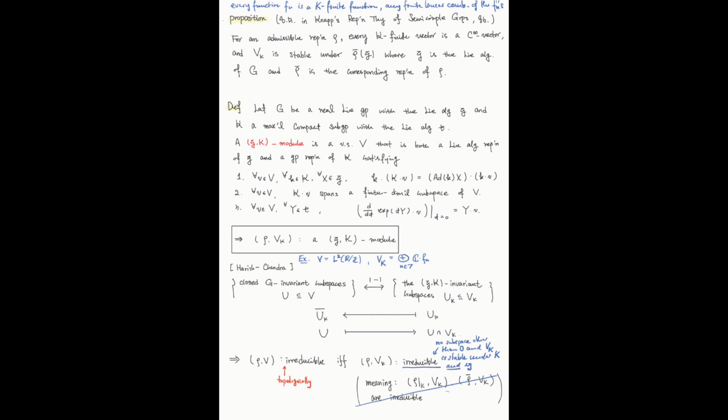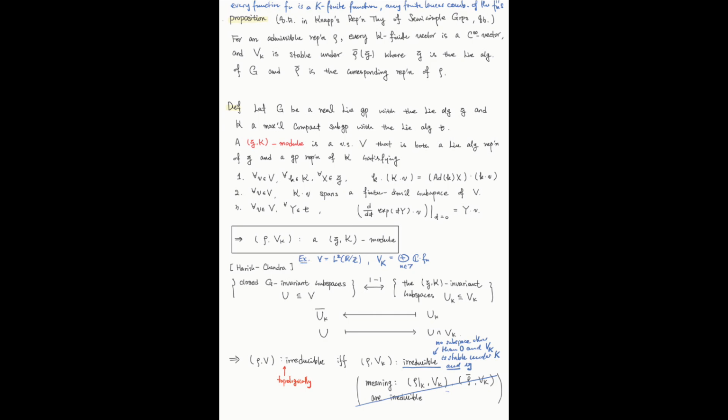Exactly this statement here. But in the paper, Knapp says ρ on V_K is algebraically irreducible. I don't know exactly what algebraically irreducible means here; this just means irreducible. Whereas here one should be a little bit careful, perhaps.